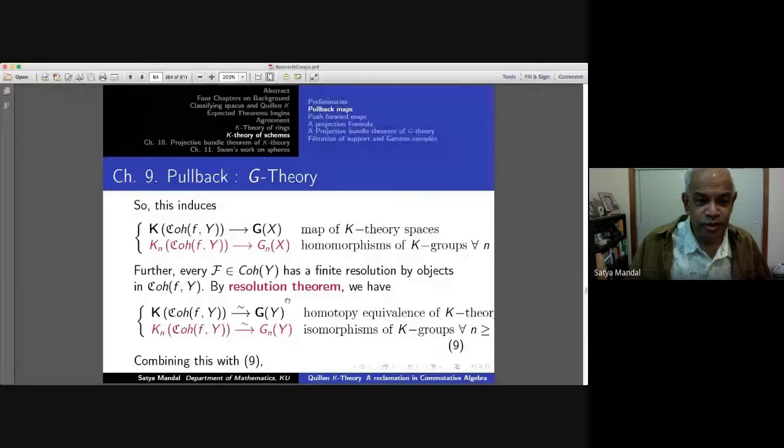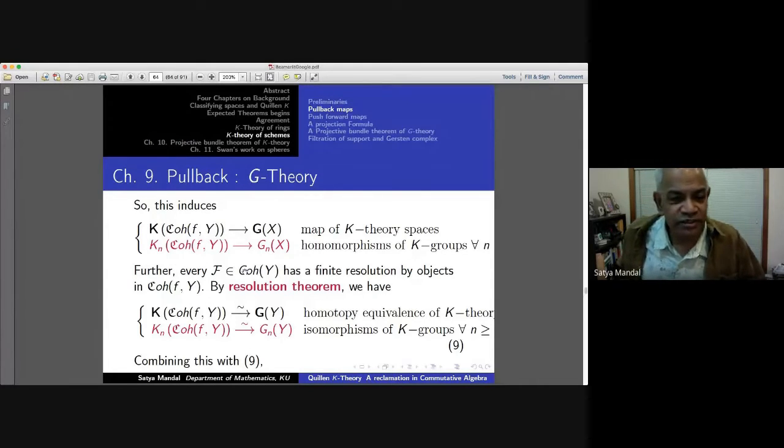This order is important for me because I will soon use the opposite order for something different. Good, but you still do not have a map from Gn of Y to Gn of X. But what happens is that any object in the parent category COH Y has a finite resolution by objects in this subcategory.